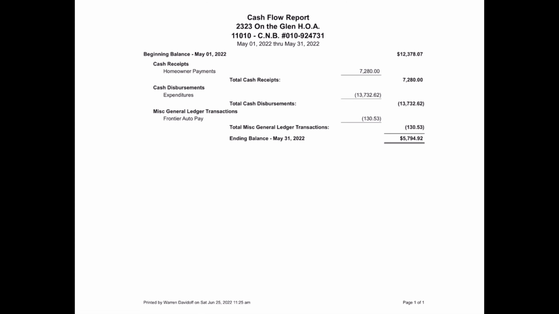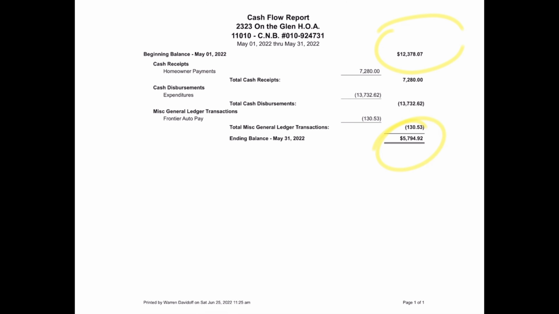Moving on to the cash flow report. The cash flow report is an operating cash flow report. It's not a reserve cash flow report. It's operating cash flow. So you'll see, and I'll move over to the balance sheet in a second, but just remember these numbers. You'll see your beginning balance here, which is what you started the month of May at.